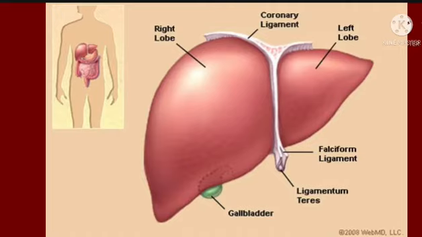The liver has a high power of regeneration, and liver cells are replaced by new ones every 3 to 4 weeks. Apart from bile secretion, the liver also performs several functions. Let me see one by one. First, it destroys aging and defective blood cells.